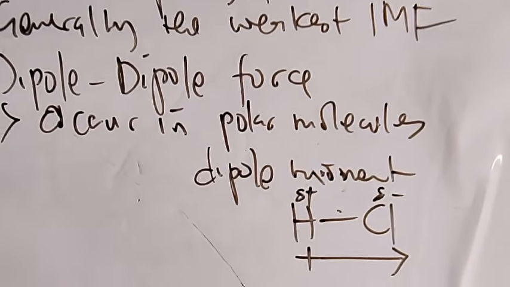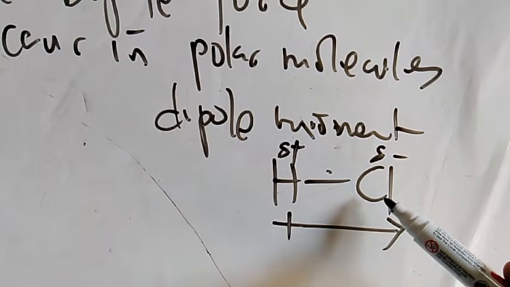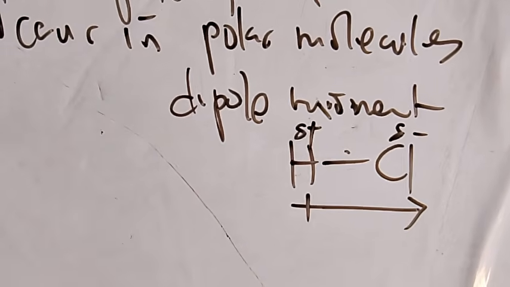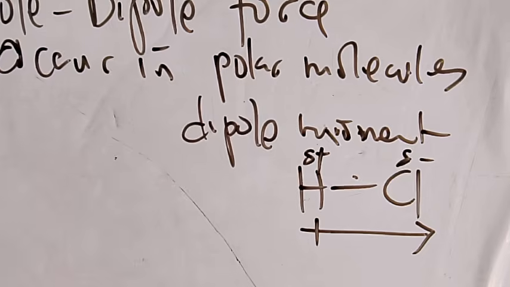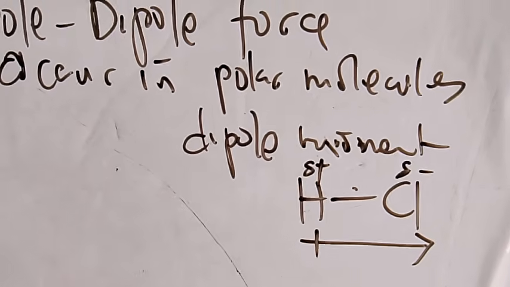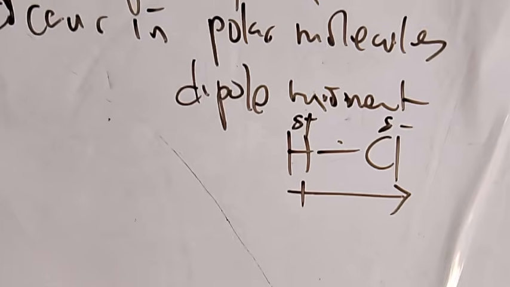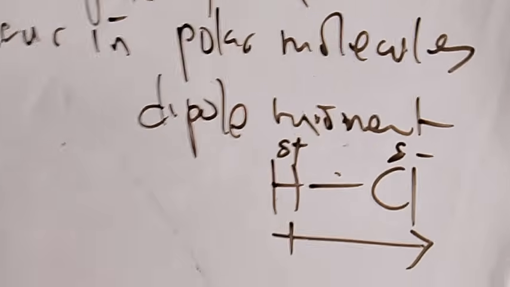The chlorine atom is more electronegative than the hydrogen atom, so it pulls more electrons to itself. Electronegativity is defined as the ability of an atom to attract shared electrons to itself.